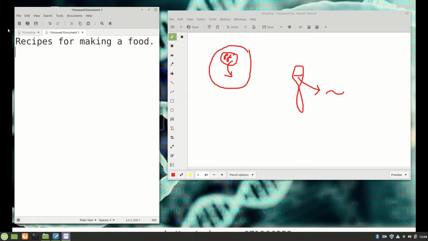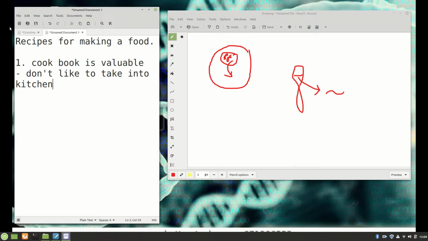But in Grandma's Cookbook, I said that the cookbook is valuable, and so we really don't like to take it into the kitchen. So we keep it in the bedroom, just like you keep the DNA in the nucleus.